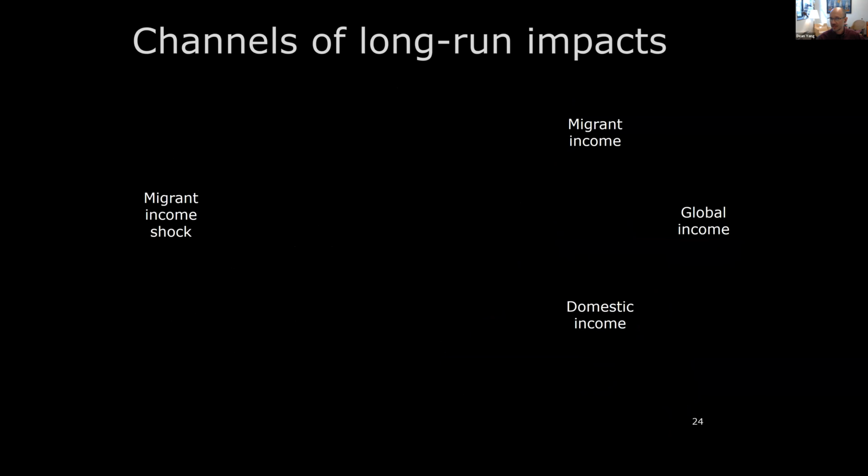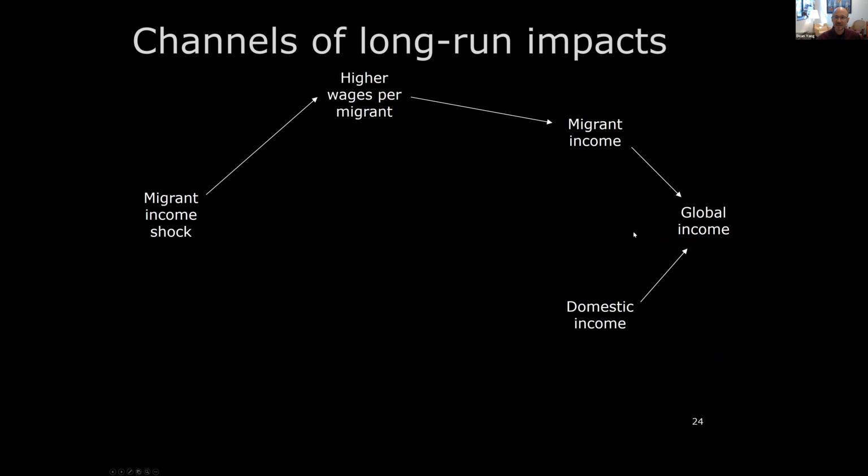Let me just give you a brief sense of what we try to do in that structural model. We're trying to relate a migrant income shock, measured by the shift share variable that I mentioned, ultimately to global income per capita of people from particular Philippine provinces. And there's a migrant income component and a domestic income component to global income per capita.